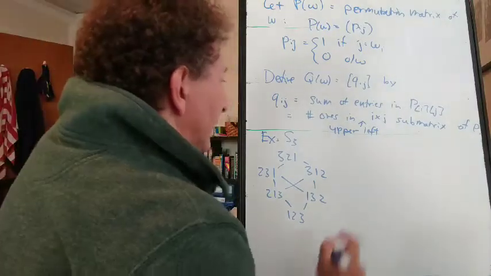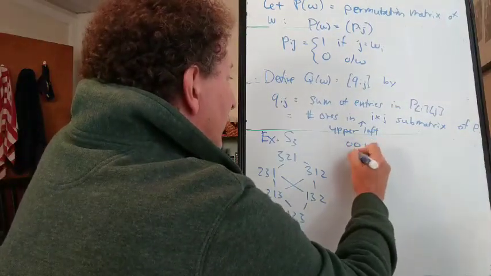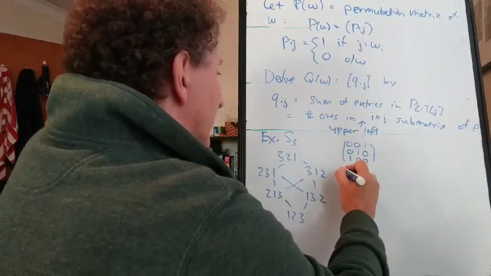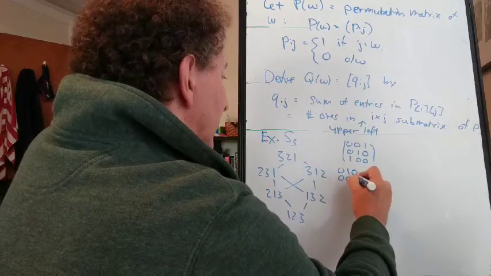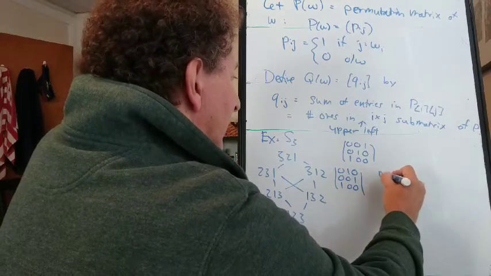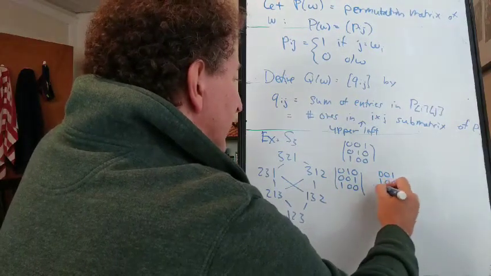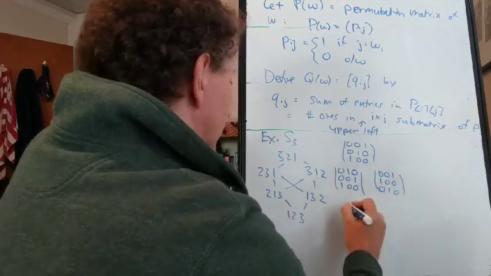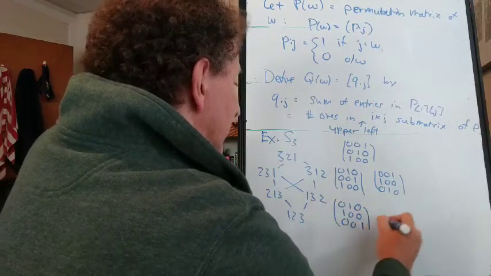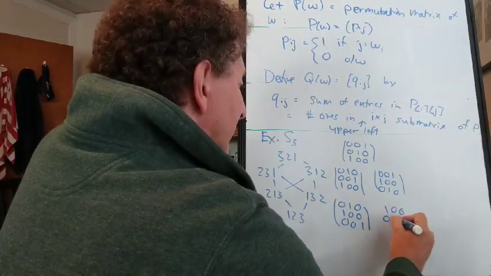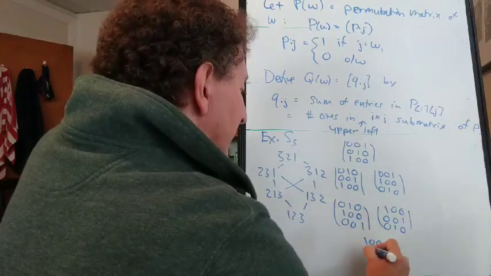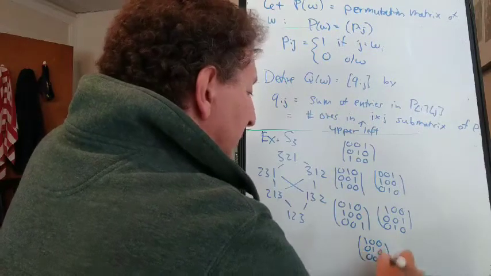And then the permutation matrices are 3, 2, 1, 2, 3, 1, 3, 1, 2, 2, 1, 3, 1, 3, 2, and 1, 2, 3.